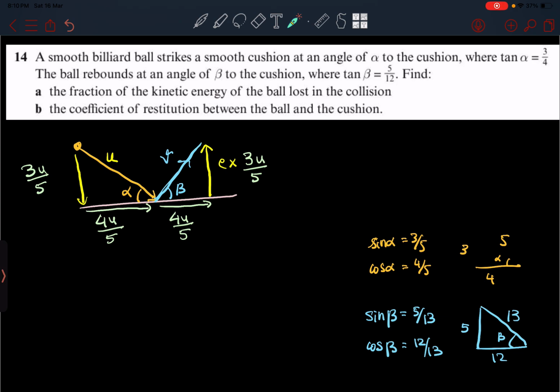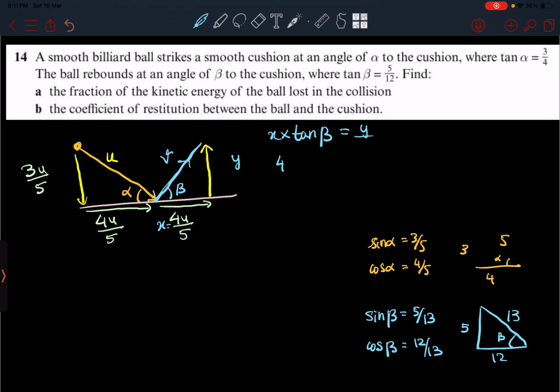if I use this side as e times 3/5, because I'm adding an extra unknown variable. What I can use is the fact that I know what tan of beta is. I know tan of beta is 5/12. That means 5 parts of this and then 12 parts of the other one. So if I take this as y and the parallel component as x, I can say tan beta is y/x, or I can say the unknown y would then be equal to x times tan beta.